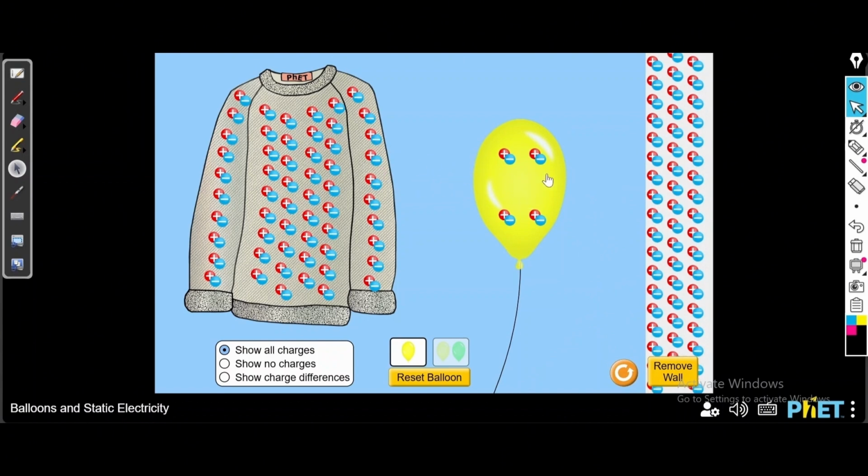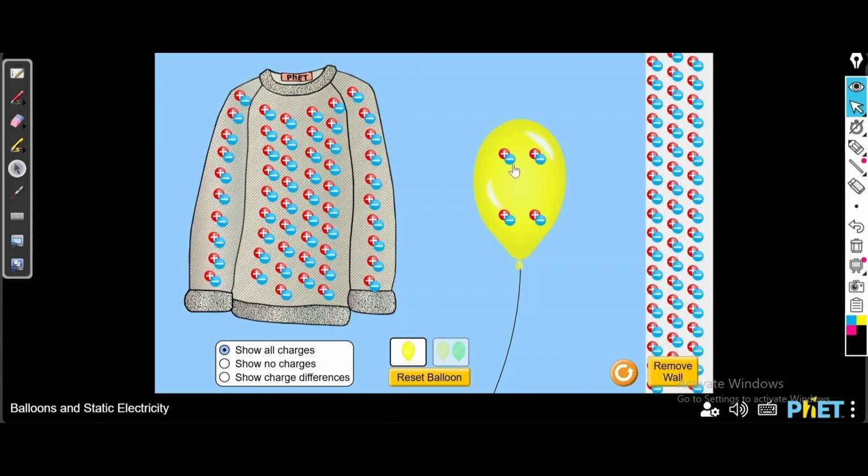This simulation consists of three objects. One is the jacket, this is the balloon, and this is the wall. These three objects are made up of millions and billions of atoms. Here, the number of positive charges on the wall is equal to the number of negative charges, and hence the net charge on this wall is zero.